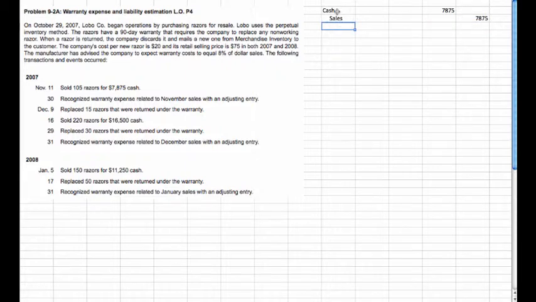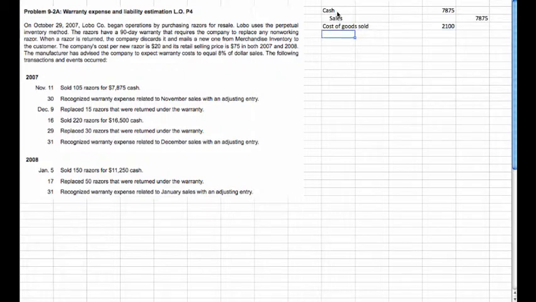So we need to debit cost of goods sold in the amount of $20, which is the cost of the razor, times 105, or $2,100.